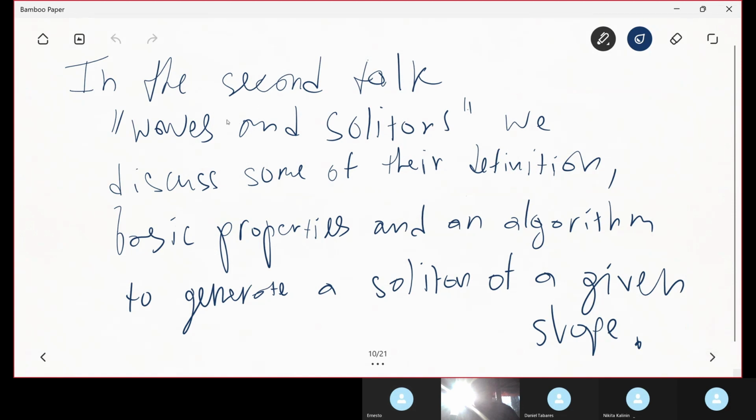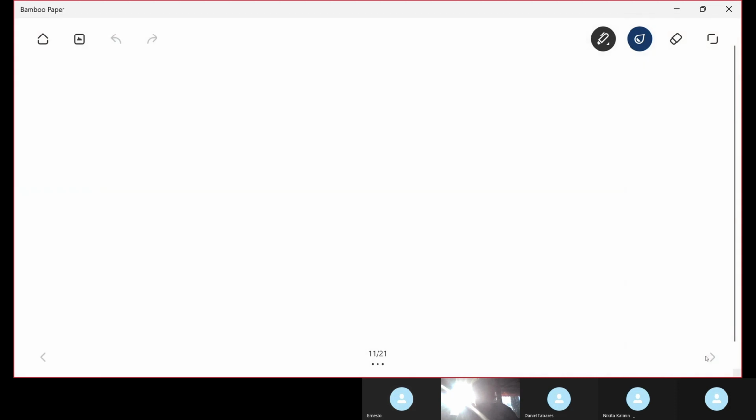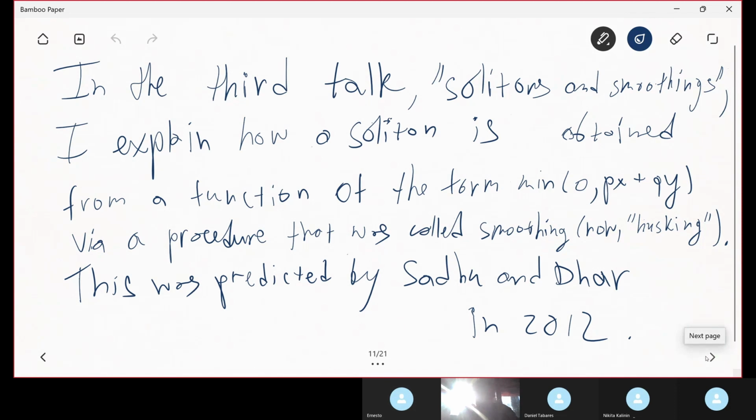So in the second talk, waves and solitons, we discussed some of their basic properties and definitions, and the algorithm to generate a soliton of a given slope. And in the third talk, solitons and smoothings, we exactly prove this, that they exist via the procedure that was called the smoothing.